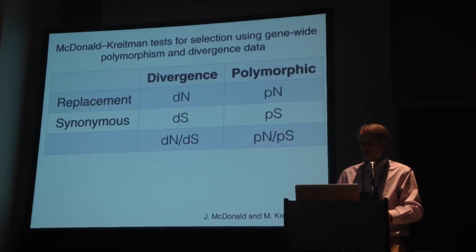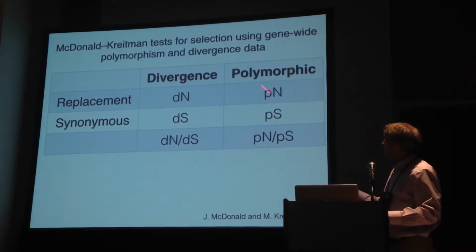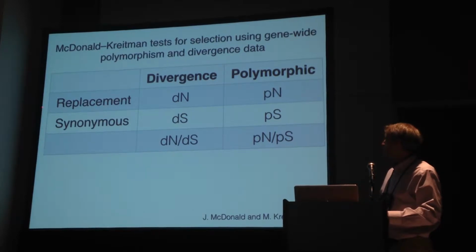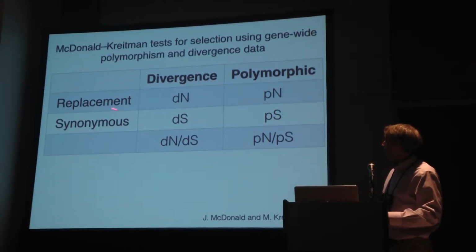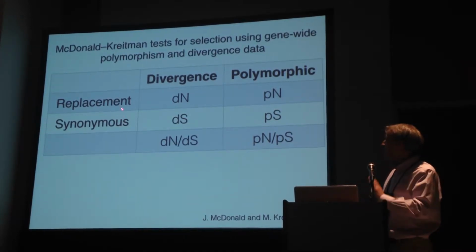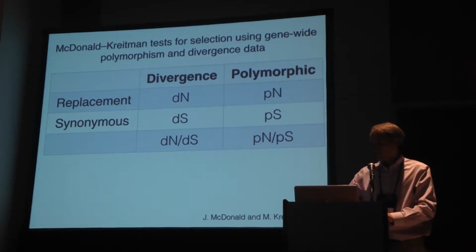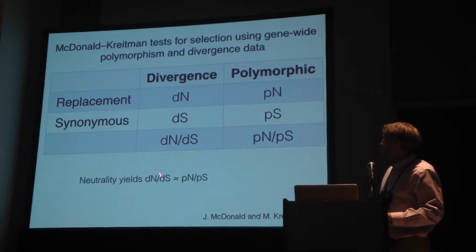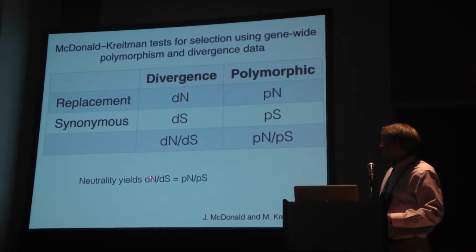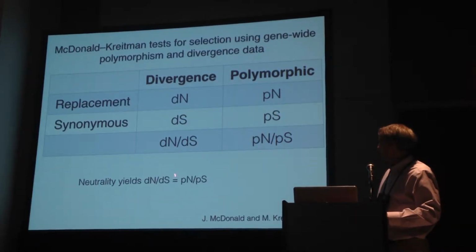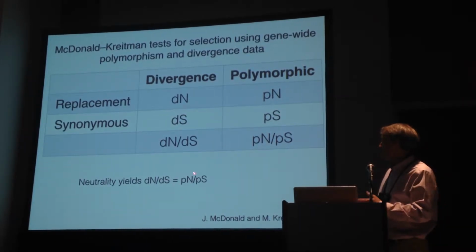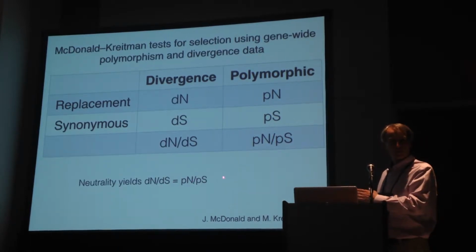Let me introduce the idea. You have divergent sites and polymorphic sites. Most of you are probably very familiar with this. And you have replacement sites and synonymous sites. The point is that under a neutral hypothesis, your ratio of the divergence in non-synonymous sites to synonymous sites should equal the ratio of polymorphism in non-synonymous sites to synonymous sites.